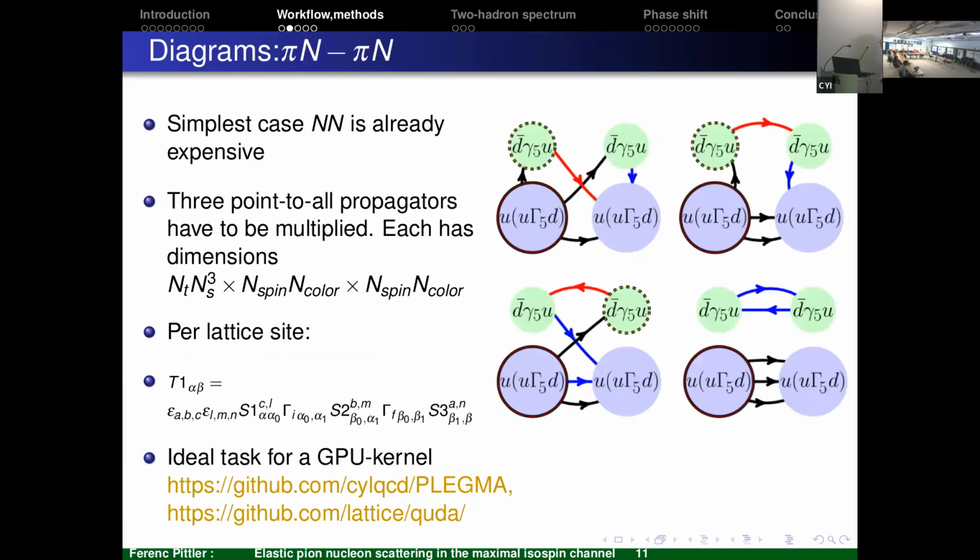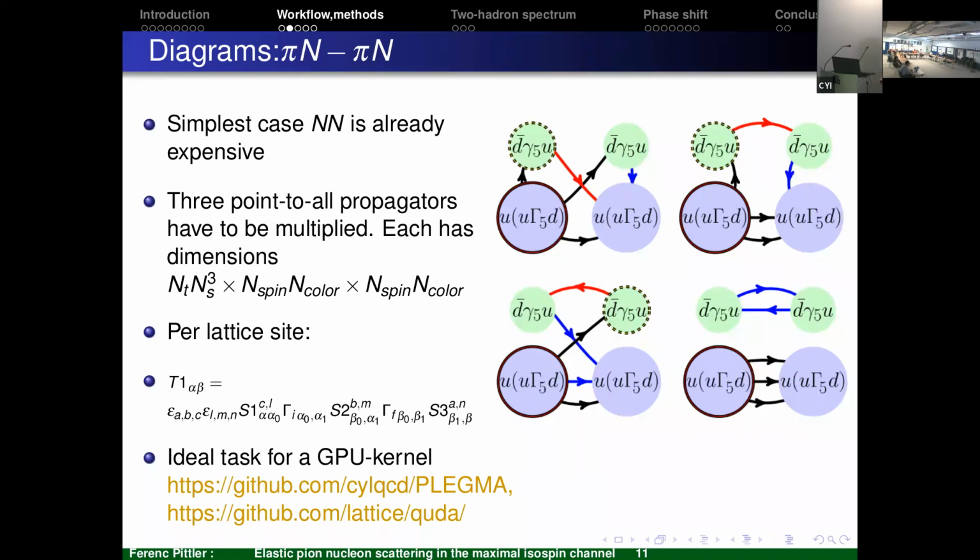In our first case, we compute the diagrams between the two hadrons, basically Feynman diagrams. In this figure, I illustrate how you can contract a pion-nucleon pair at the source to the sink. You have 4 different kinds of topology. The simplest one is where the nucleon goes to the nucleon and the pion goes to the pion.